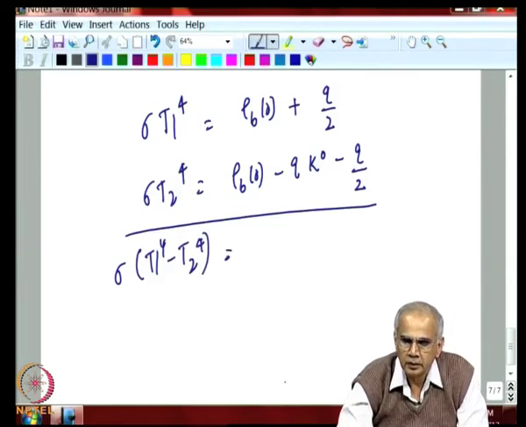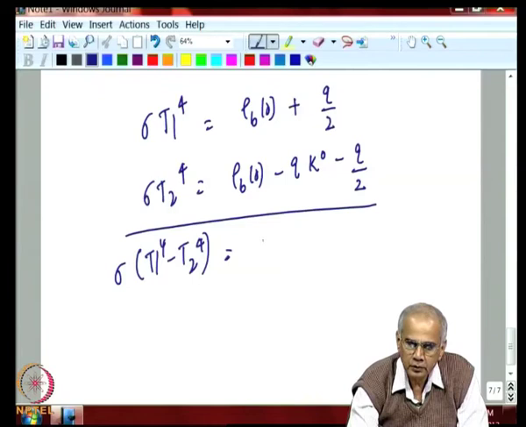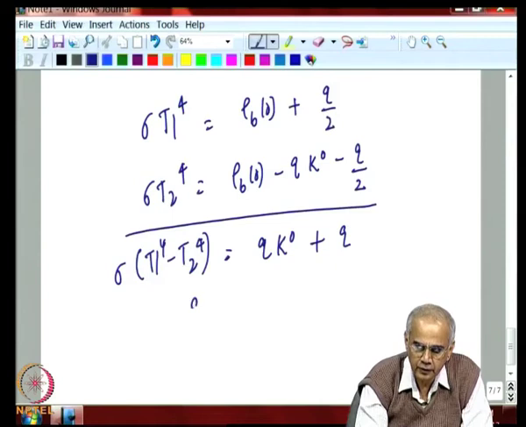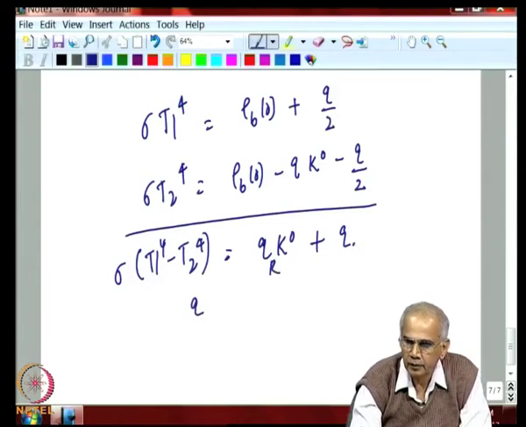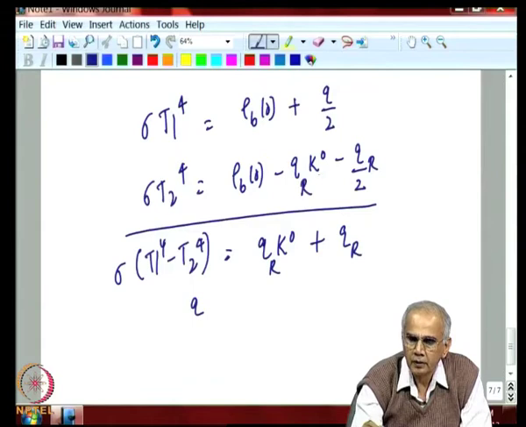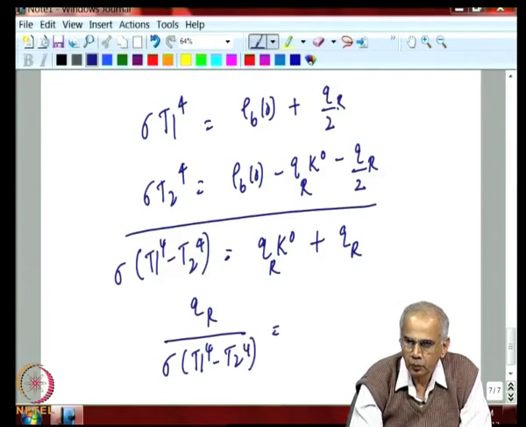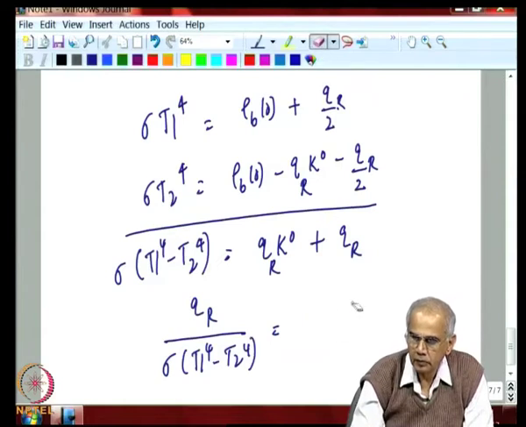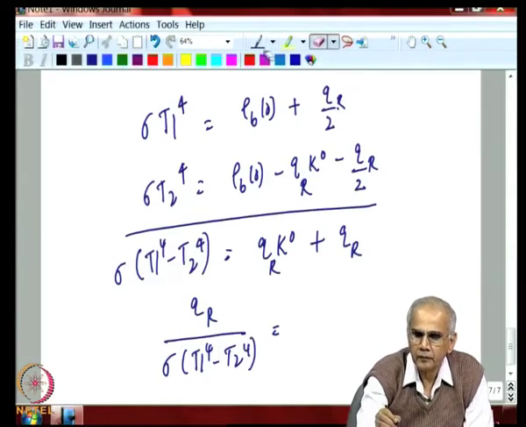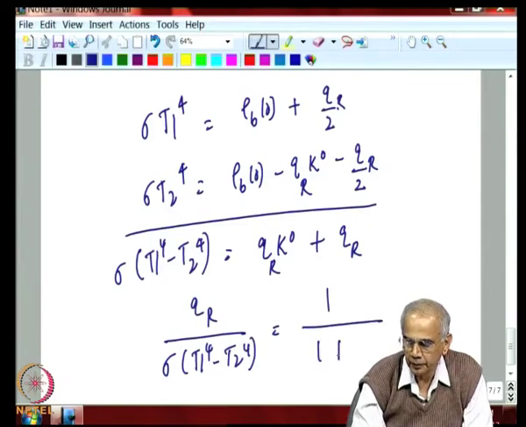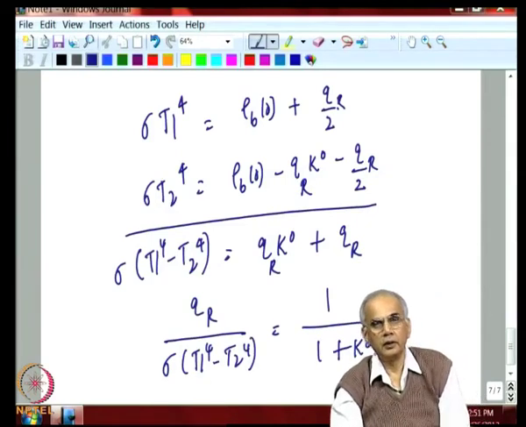This cancels out. This adds to Q. So, Q kappa 0 plus Q. So, you get a very neat result that Q r by sigma T 1 to the power of 4 minus T 2 to the power of 4 is equal to 1 by 1 plus kappa 0.